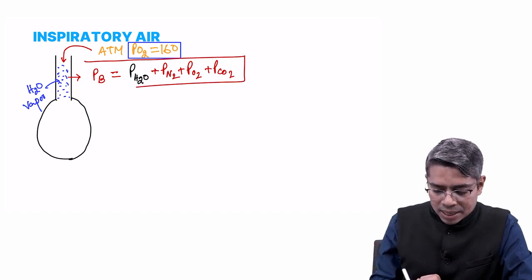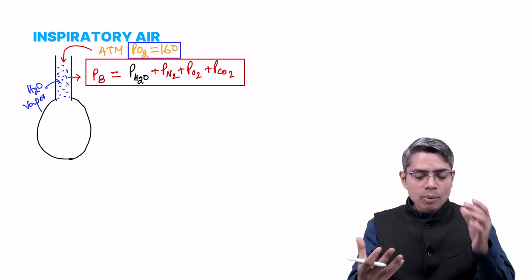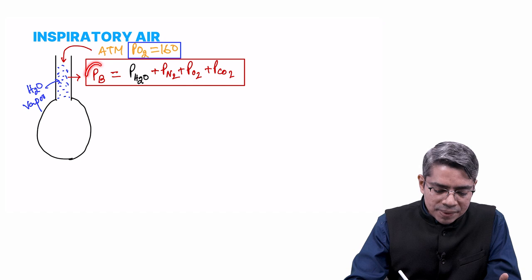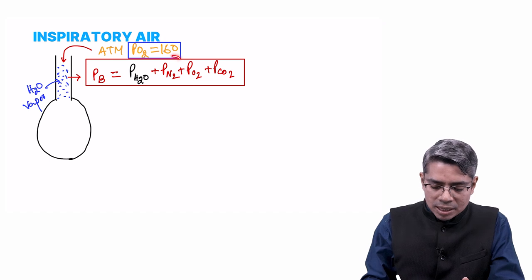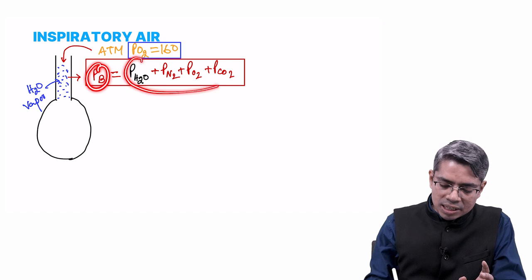So whenever the air is entering the conducting zone, the water vapor is added. Just imagine that previously there was a single room, and 3 persons were sharing the same room. Now the same room is shared by 4 persons.